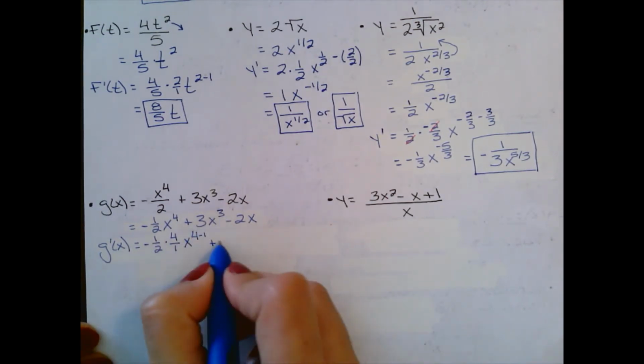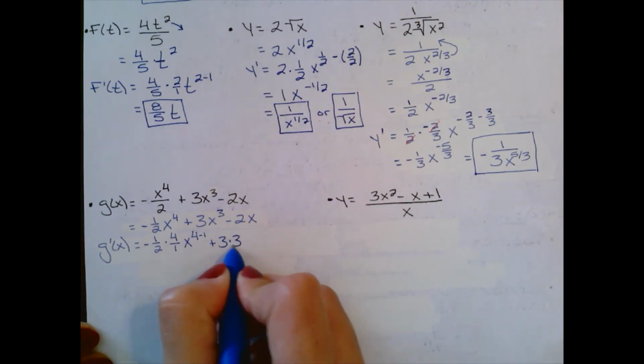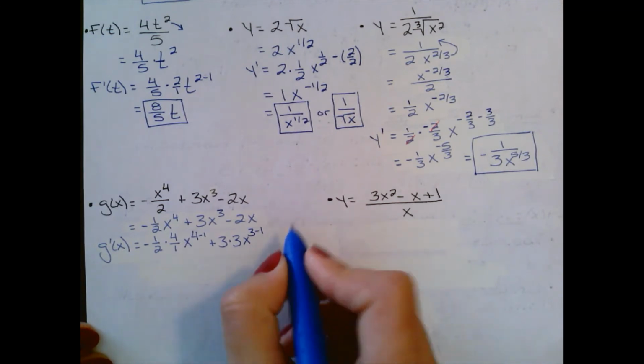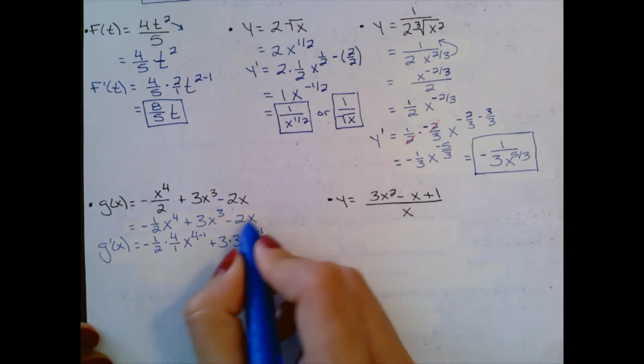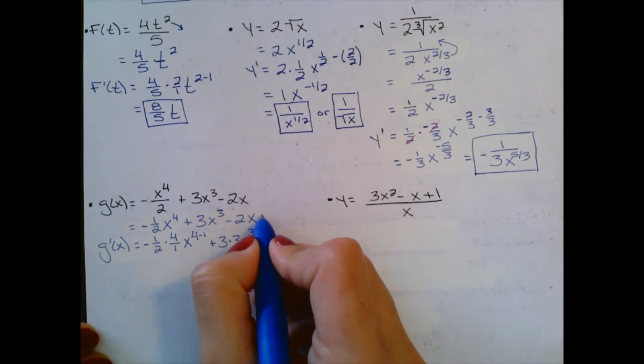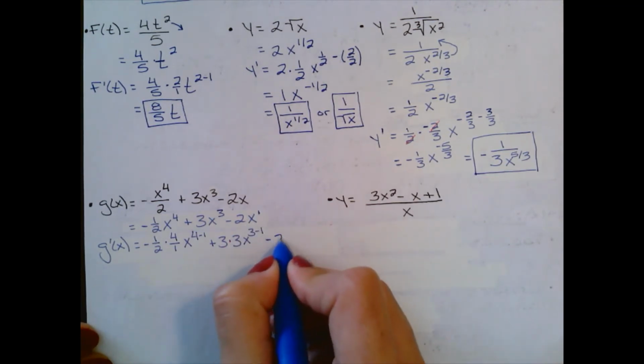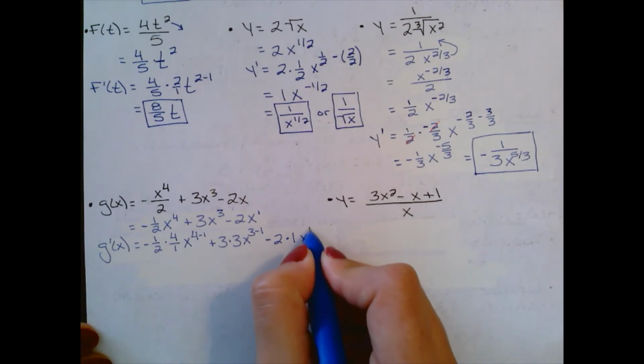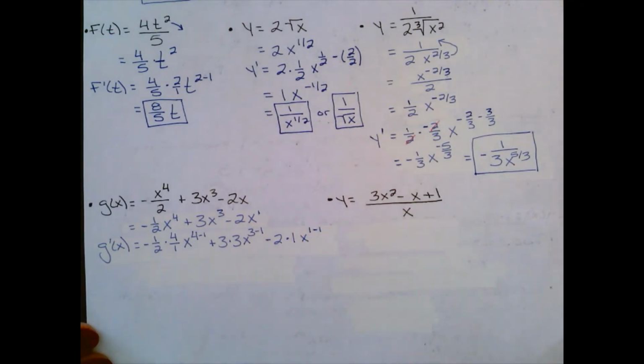Plus, now I'm going to multiply the 3 to the front, and I'm going to subtract 1 from the 3. And here, technically, my exponent is a 1, so I'm going to say 2 times 1 x, and then 1 minus 1 in the exponent.